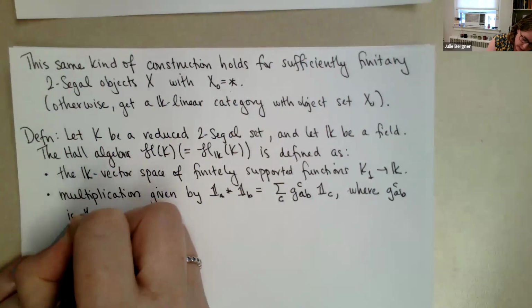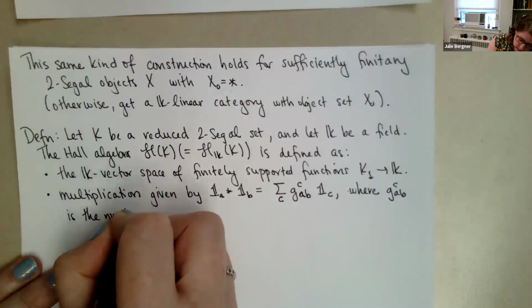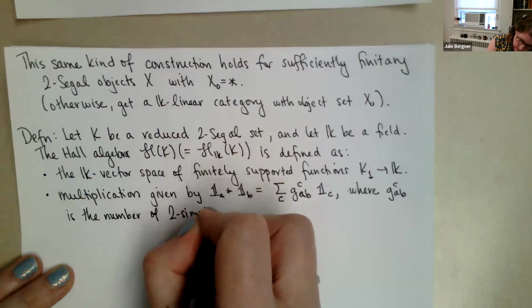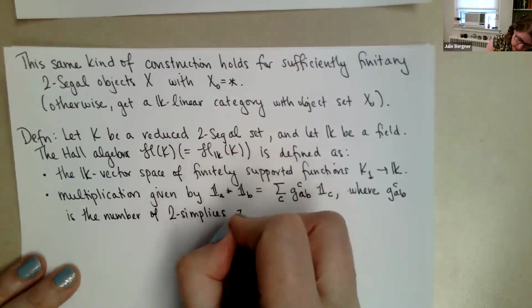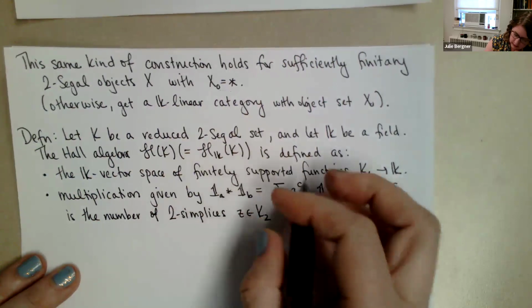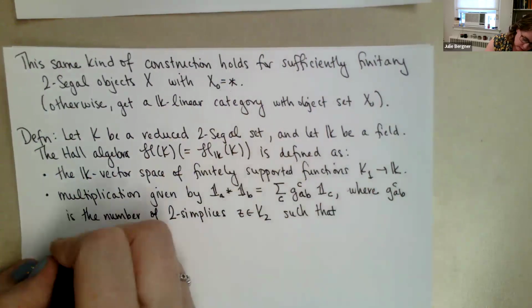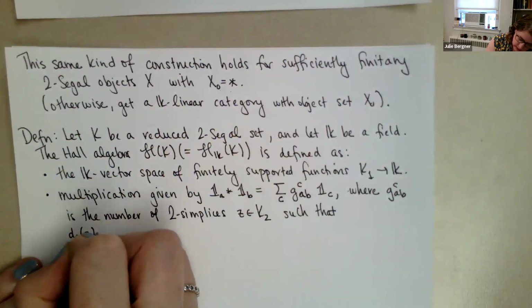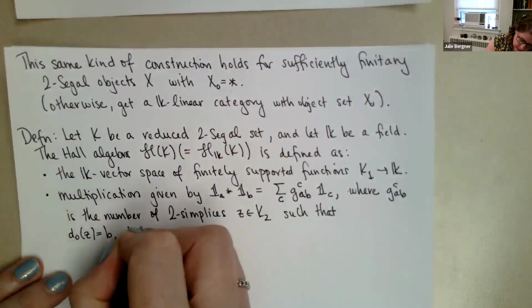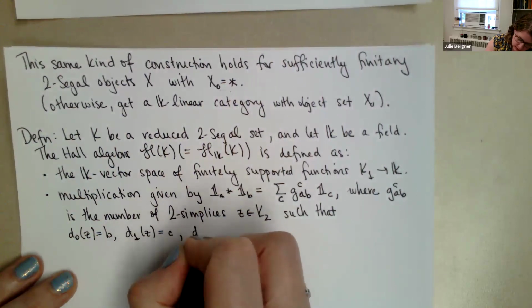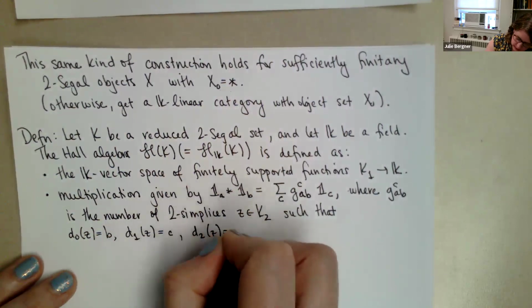So this G_{ab}^c is the number of 2-simplices, say z in K_2, such that d_0 of z is b, d_1 of z is c, and d_2 of z is a.